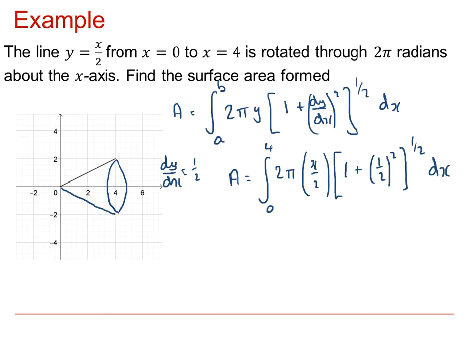That can be simplified firstly by cancelling the 2, and then realizing that this bracket is 5 over 4, and therefore when we take the square root, it becomes root 5 over 2. So the area will be root 5 over 2 multiplied by pi, and all that's left inside the integral is x dx.